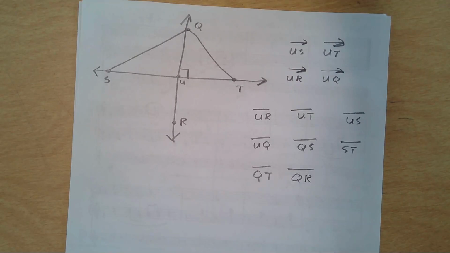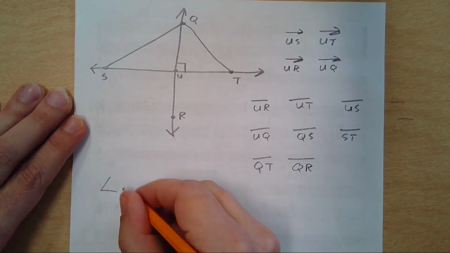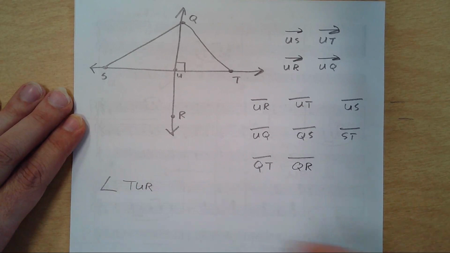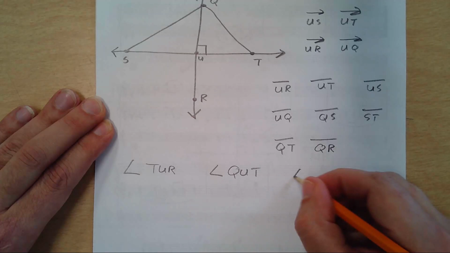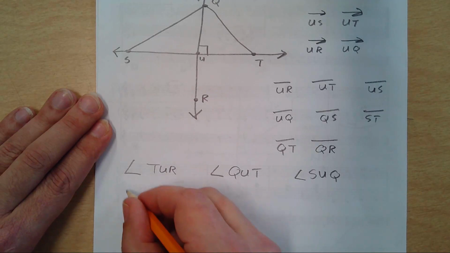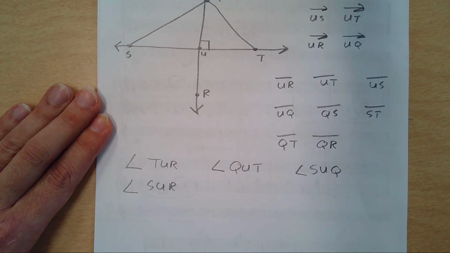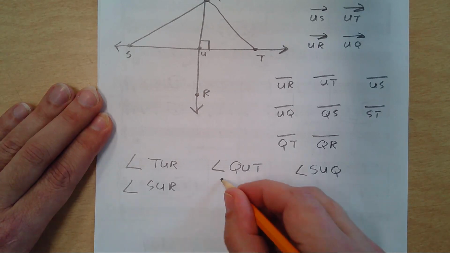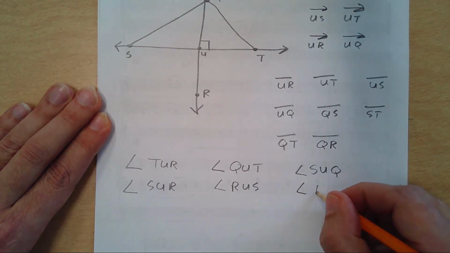Finally, last question. There are 11 angles inside this figure. TUR could be one. QUT, SUQ, SUR, RUS, RUT.